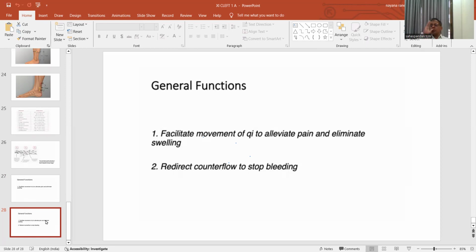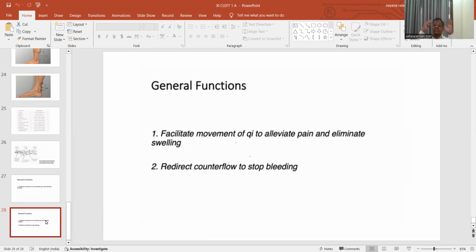This is the most common use of Xi-cleft points and refers to unblocking channel circulation in cases where a lack of free and open circulation has caused pain.